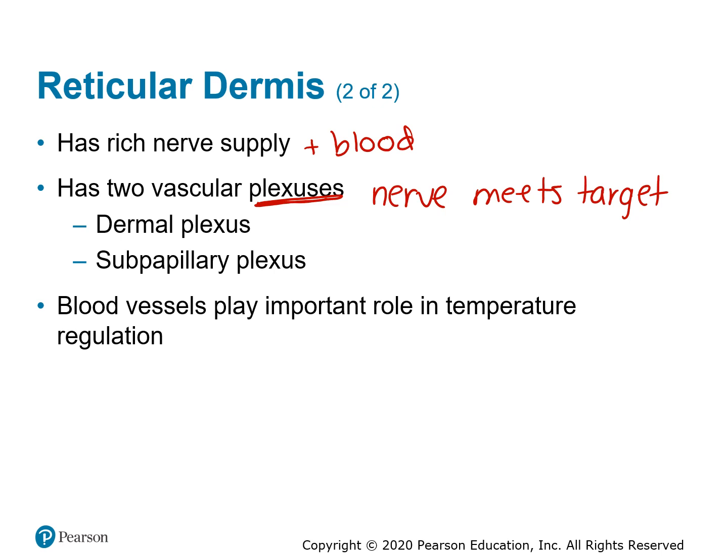The subpapillary plexus is just below your dermal papillae. And it nourishes the dermal layer, the dermal papillae, and the epidermis.